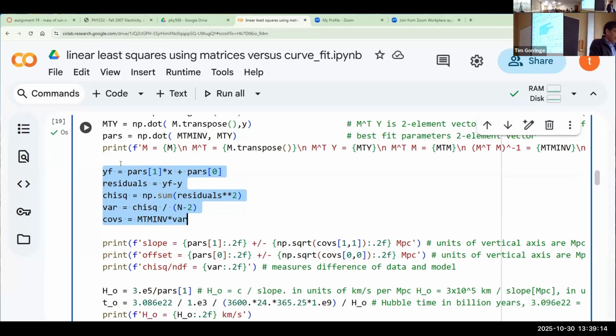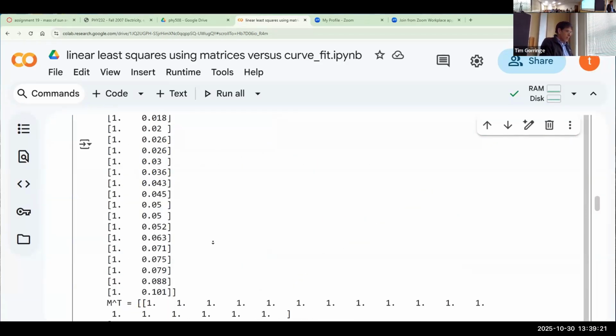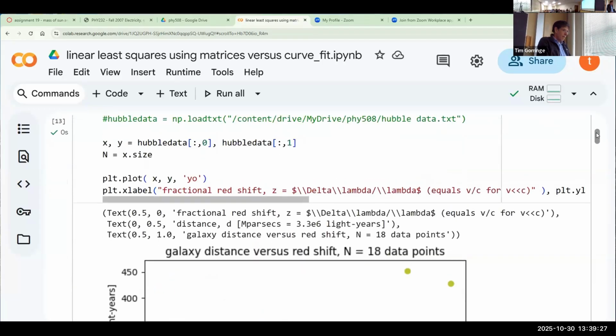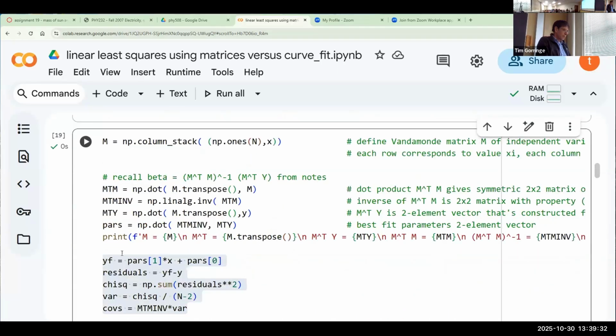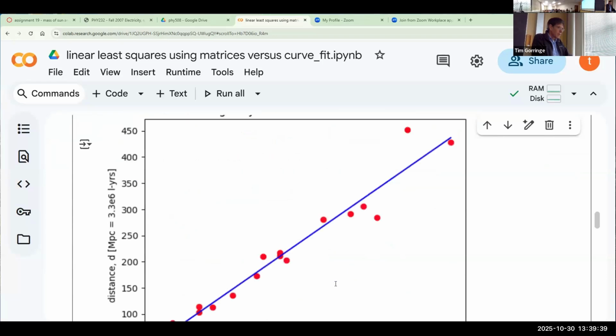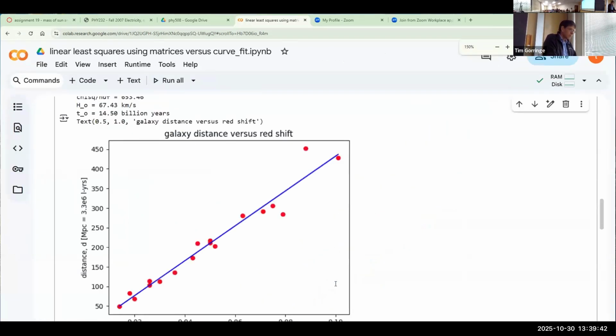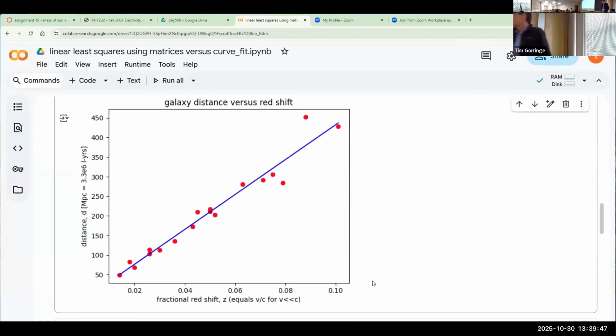Okay, so I calculate these things, and then if we go down here, we get rid of all the printout of the matrices. Here's the plot of the data again.